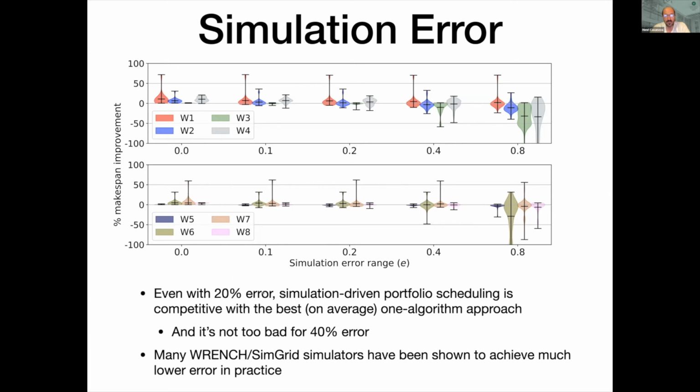And so the conclusion from those results is that even with 20% error, simulation-driven portfolio scheduling seems to be competitive with the best one algorithm approach. Right? And it's really not that bad for 40%. Maybe for the green workflow here, it doesn't look very good. Right? And the good news is that many simulators developed with Ranch and SimGrid have been found, which are, of course, two simulation frameworks I'm personally involved with, have been shown to achieve much lower error in practice.